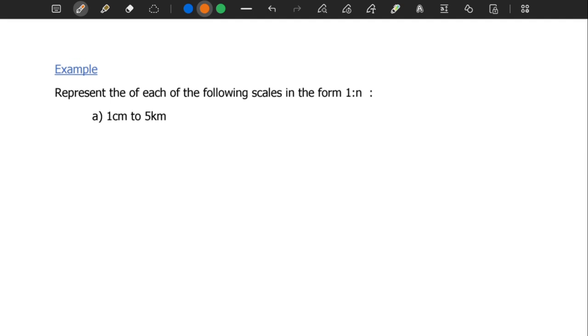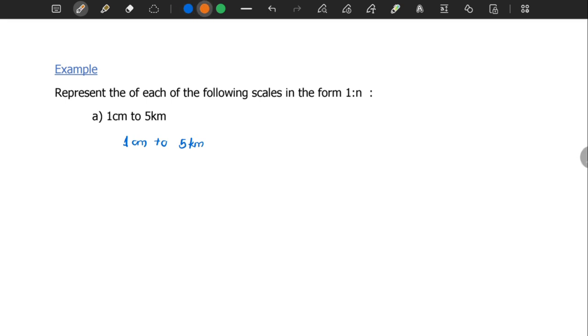Now we have this example: represent each of the following scales in the form 1:n. The first one is 1 centimeter to 5 kilometers. That means 1 centimeter on paper or on the map represents 5 kilometers on the ground, or in reality.